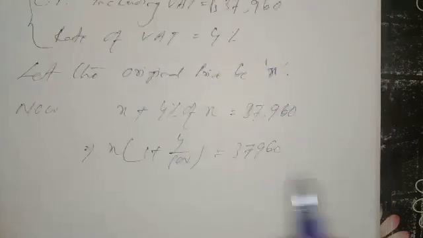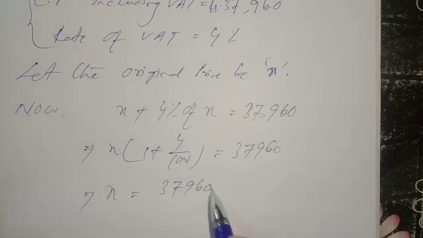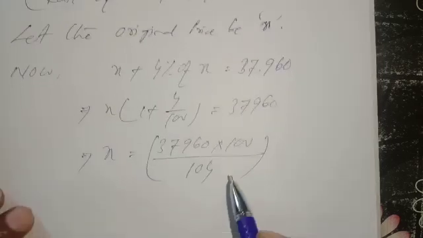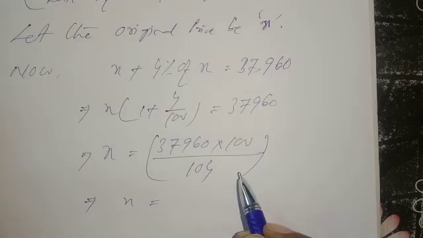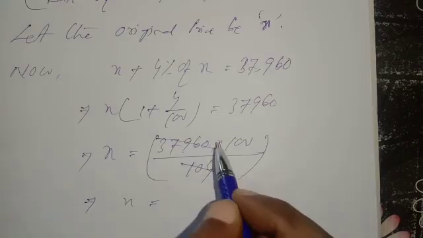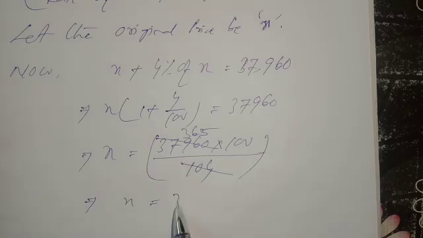Now this will be 104 by 100, X is equal to 37,960 into 100 divided by 104. Just simplify, you will get the result. How much coming? If you divide it, it is coming 365. 365 into 100, that is 36,500.